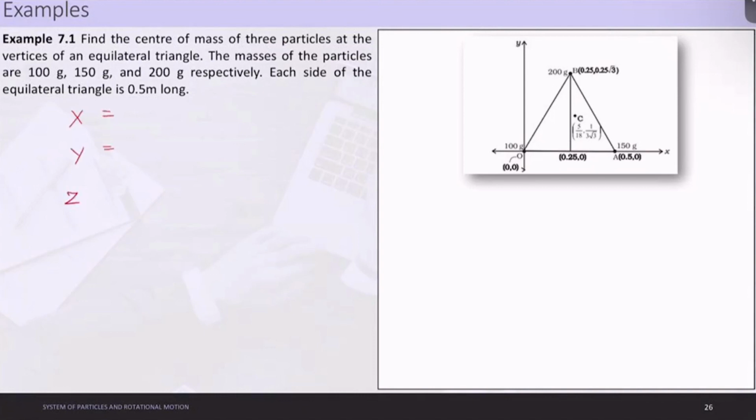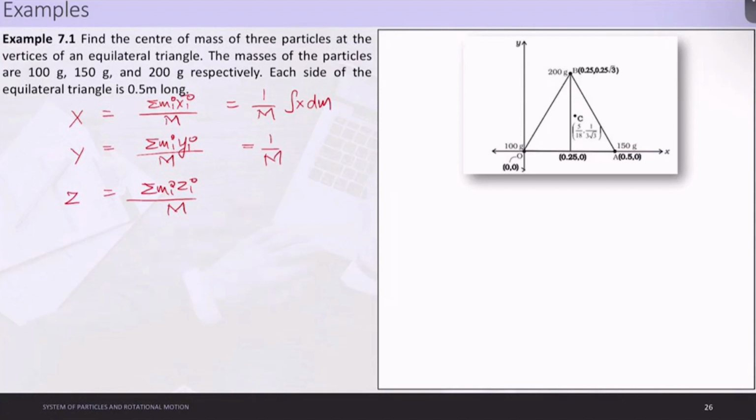In summation form, it is summation m_i x_i upon capital M, summation m_i y_i upon capital M, summation m_i z_i upon capital M. In differential form, this will be 1 by M integral x dm, 1 by M integral y dm, 1 by M integral z dm.